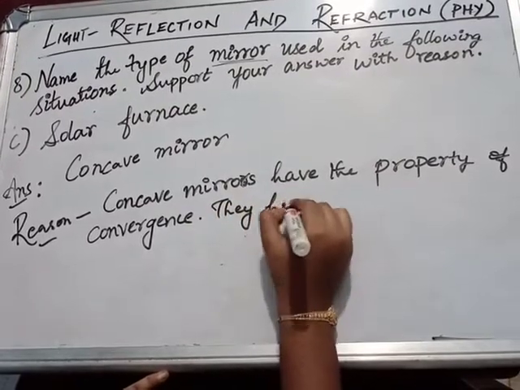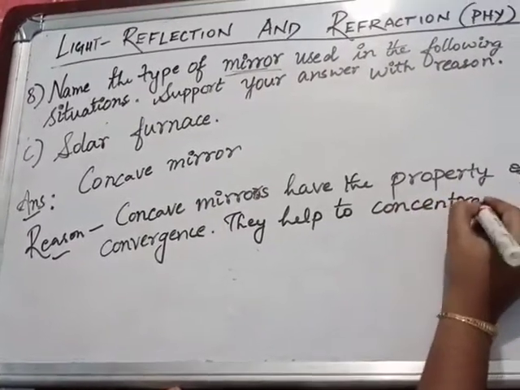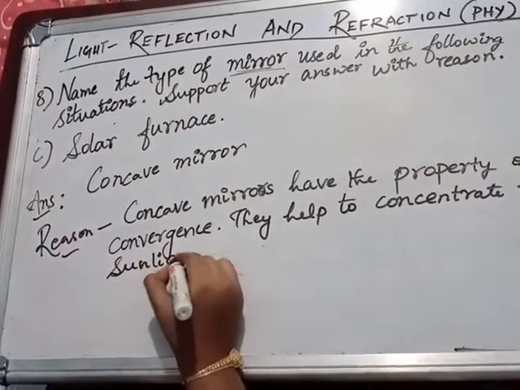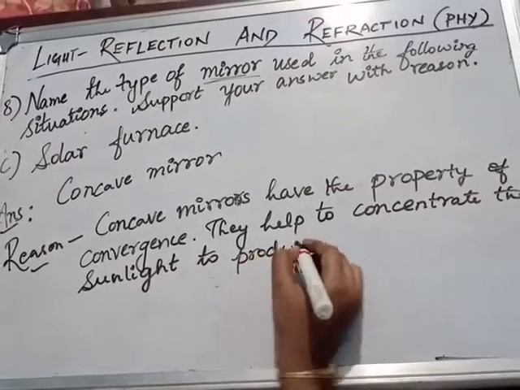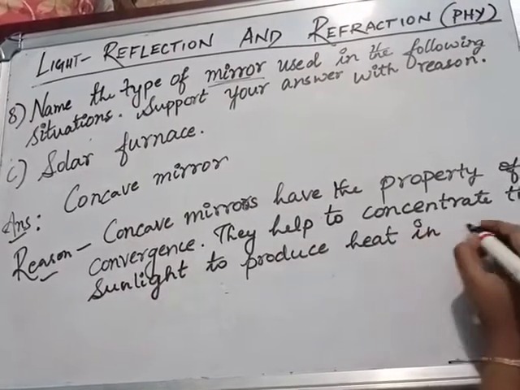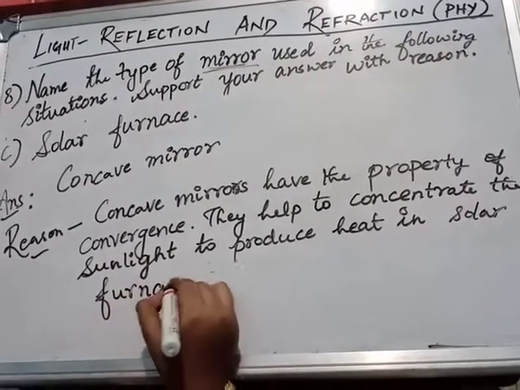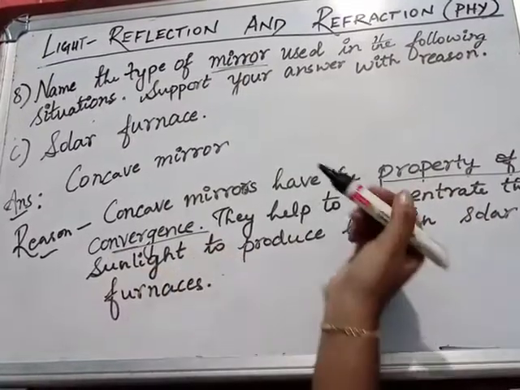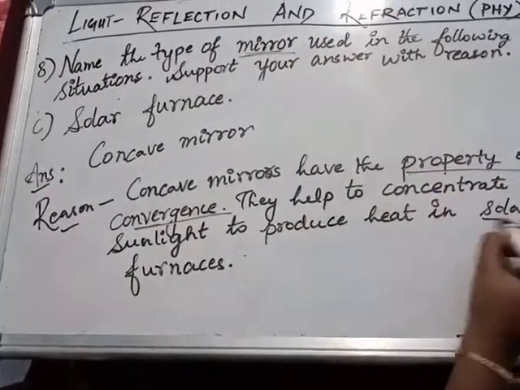They help to concentrate the sunlight to produce heat in solar furnaces. Since concave mirrors have the property of convergence, they can concentrate a large amount of heat in one particular place, that is in the solar furnace.